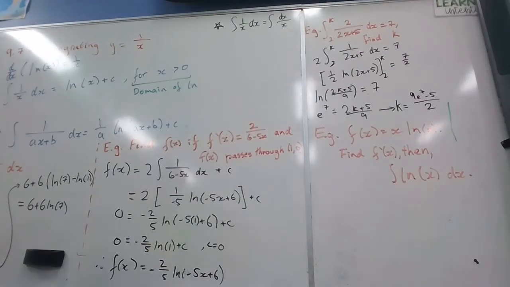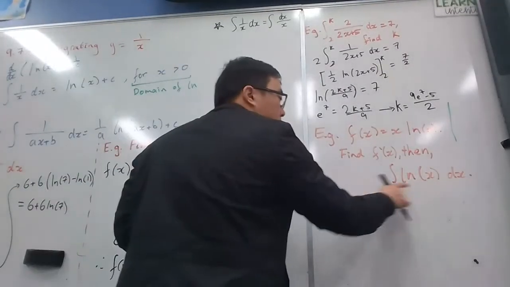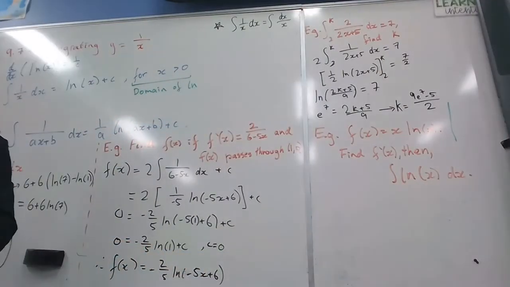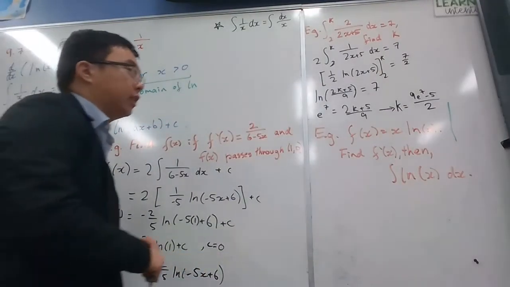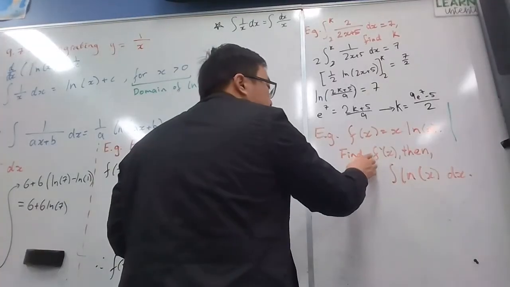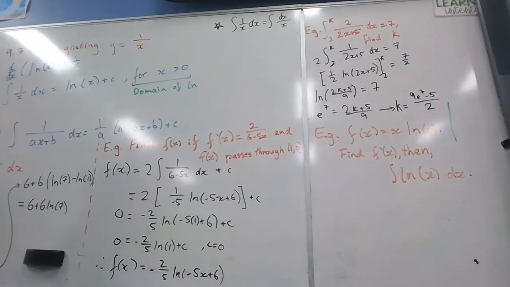Last example, this is a recognition question. It's more of a reminder, a refresher for recognition. The question is f of x equals x multiplied by natural logarithm of x. Find f dash of x, and then the antiderivative of ln x. So first off, finding the derivative of f of x. Now, in most cases, when you're doing integration by recognition, the question will tell you what to derive first.